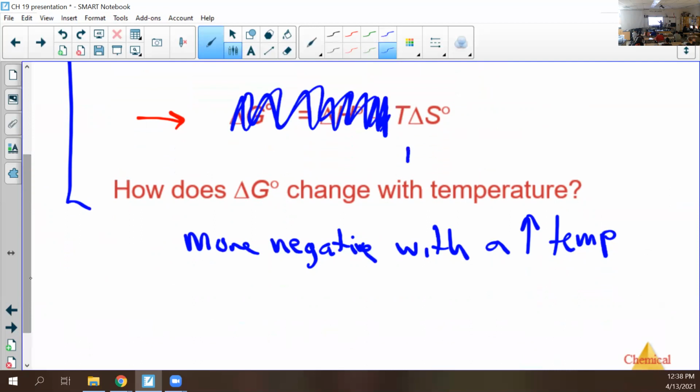This is T times delta S naught. You with me? We're in Kelvin, so T is always a positive value. Is S always a positive value? No. So what if this is a negative? Then this is a negative. And then what are we really doing? We're making it more positive. So in order for this sentence to be true, it becomes more negative with an increase in temperature, that's if delta S is positive.